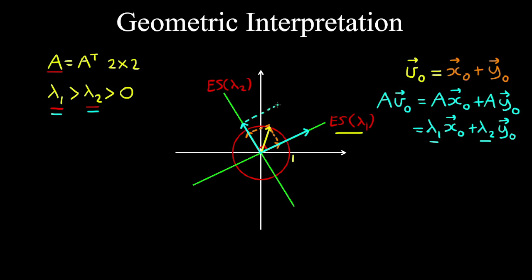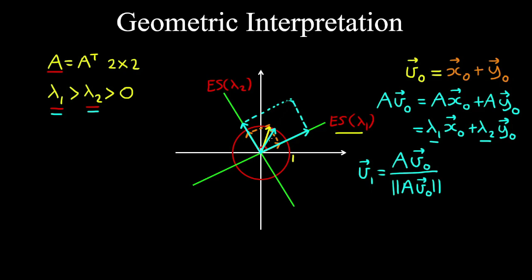So this is what our vector looks like now. And then normalizing this vector gives our next vector in the sequence, being v1. So effectively, normalizing the vector doesn't change its direction, it just gives it a unit length.